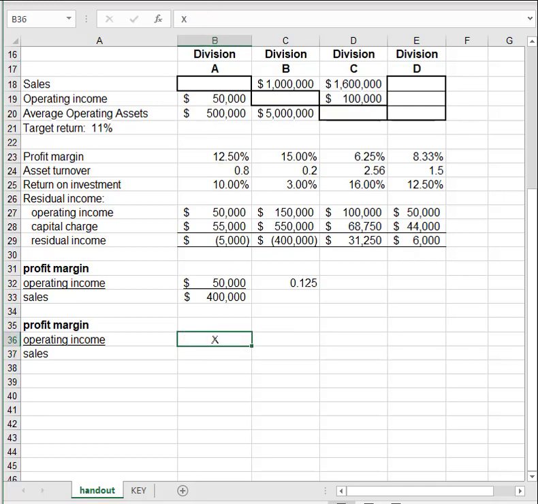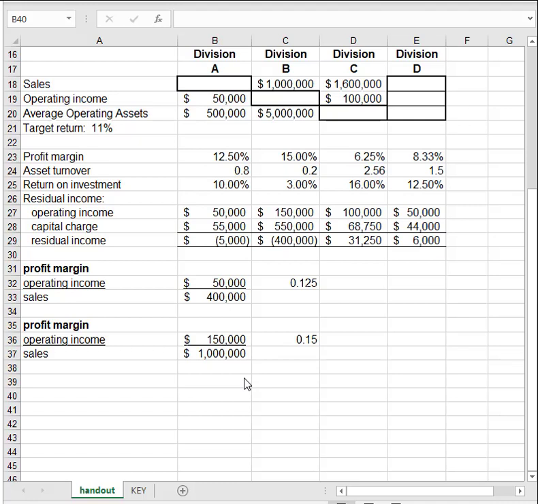And then sales, I know sales for B. And then they told me the profit margin is 15%, so that's 0.15. All right. And so X times 1 equals 1 million times 0.15, cross multiplying. So X equals 1 million times the 0.15. So 150,000.